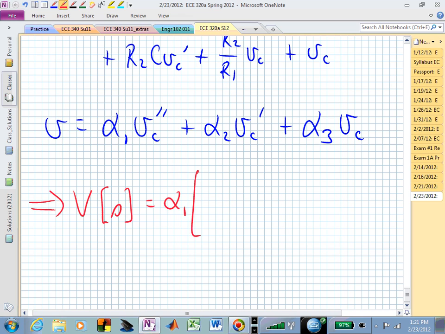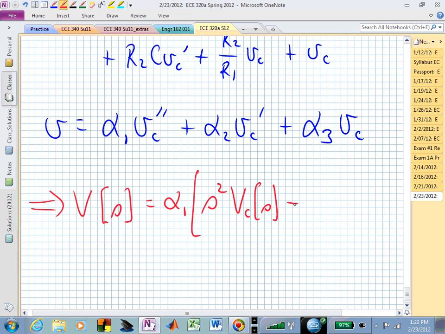And if we had one derivative, what would that do in the frequency domain? Would it be 1 over S or multiplying by S? Now, derivative, we multiply by S, don't we? If we integrate, we're dividing by S. In this case, it would be S squared V sub C of S.